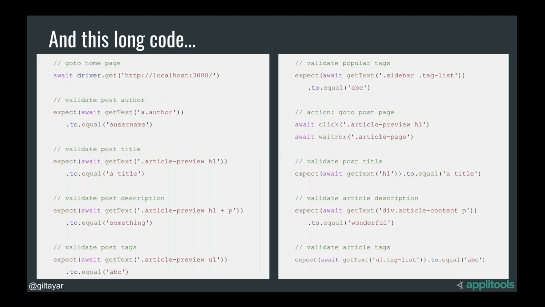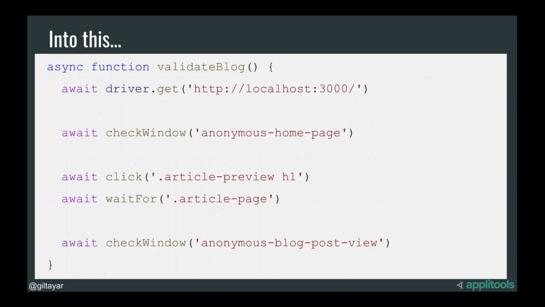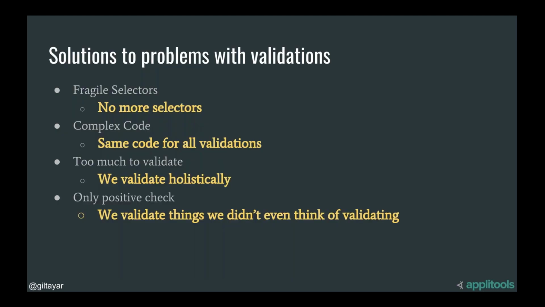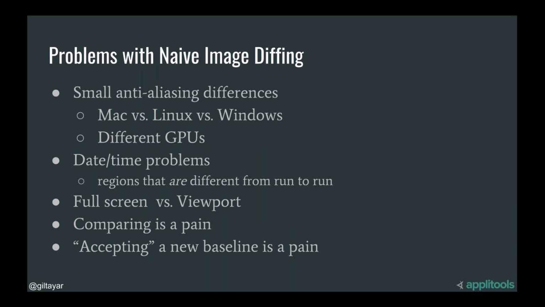And we've changed this long code, which checks a lot of stuff in the home page and clicks and checks the post page, into check the home page, click, and check the other page. It's that simple. We've changed a long list of validations into one line of code, and we've solved the problem. No more selectors, same code for all validations. We validate holistically, and we validate things we didn't even think of validating.